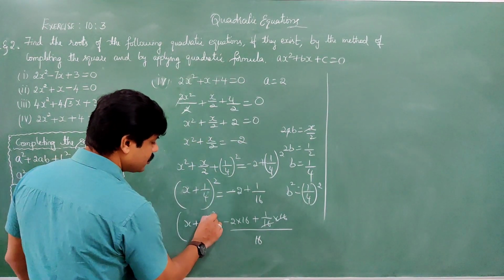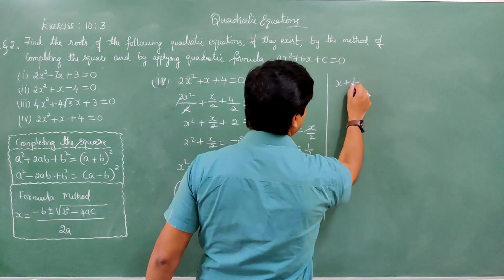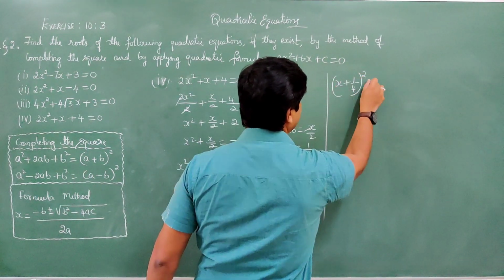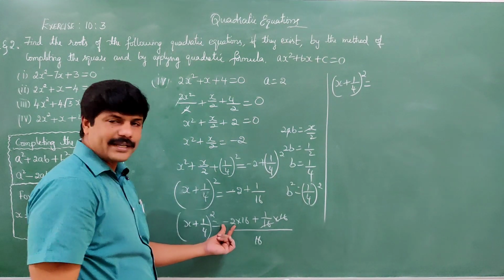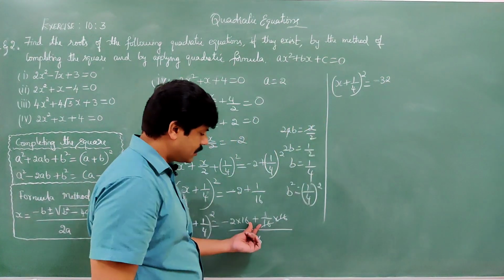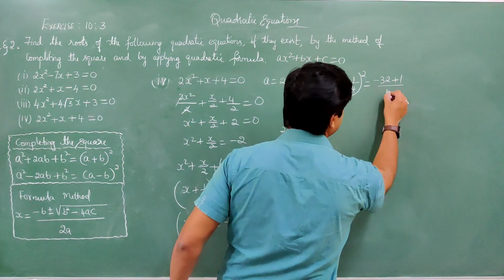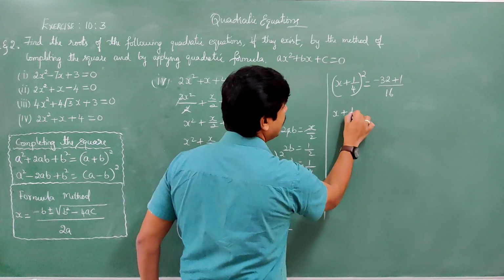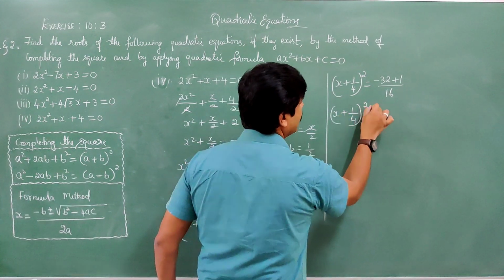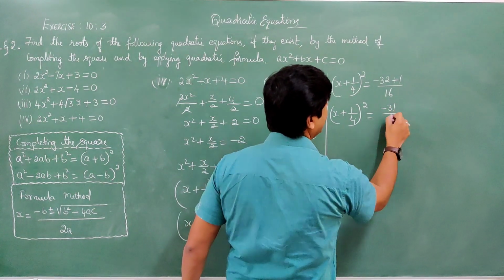Don't forget to put the square here, very important. x plus 1 by 4 whole square is equal to minus 2 into 16, which is minus 32, plus 1, whole divided by 16. So it is minus 31 by 16.